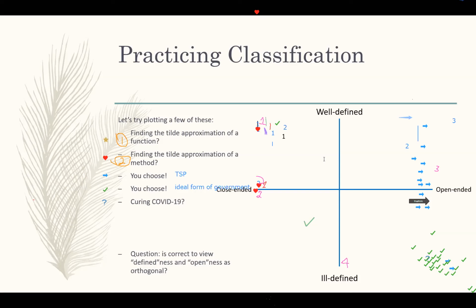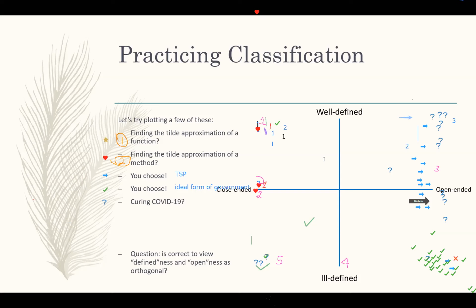All right. What about the last one? Curing COVID-19. So the reason we're all stuck at home here. Where does that go on this chart here? So number 5. Okay, so we got both sides, right? Open-ended. I think probably it's going to be open-ended, right?